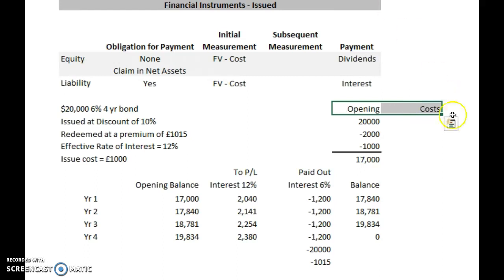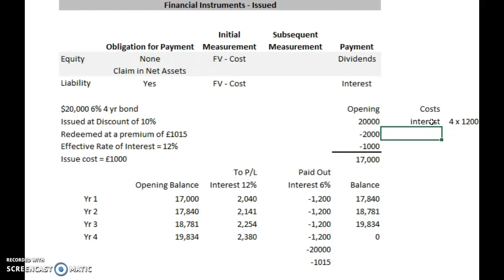total finance costs. Well, we have all the interest payments, so it's 4 times 1,200. So this is interest.